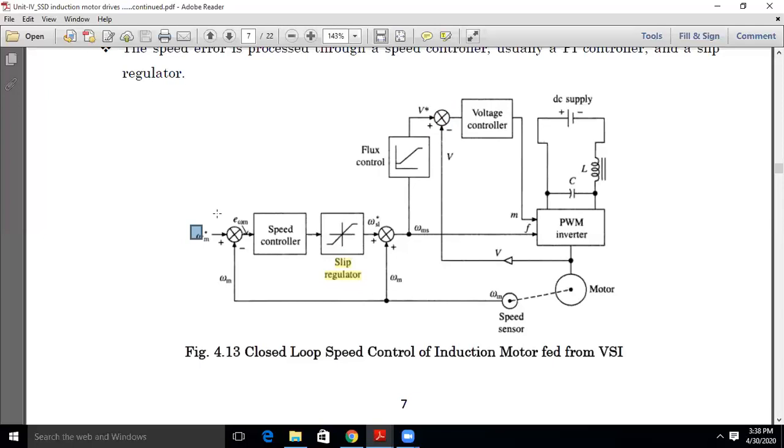So voltage is varied, frequency is varied, and constant v by f speed control happens in this particular case. So this is about the operation of the closed loop speed control of the induction motor. In the next class we'll discuss the CSI.